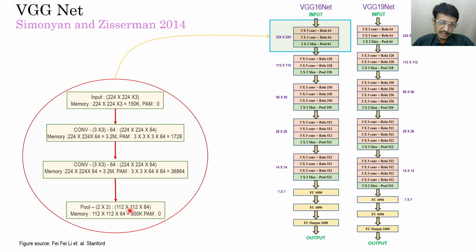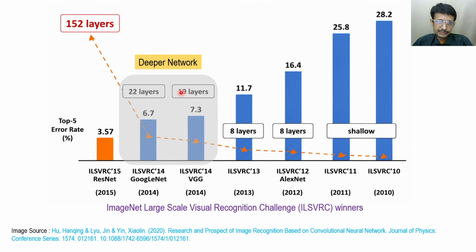So it downsamples to 112x112x64. Memory is 800K and parameters are 0. This is just an idea of how one such module requires resources. And this is most of what there is about VGGNet.